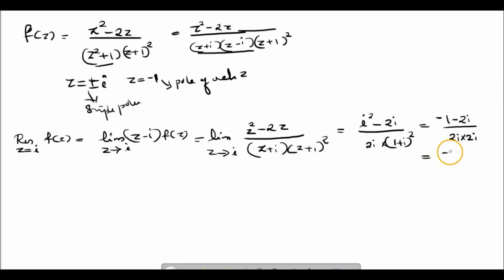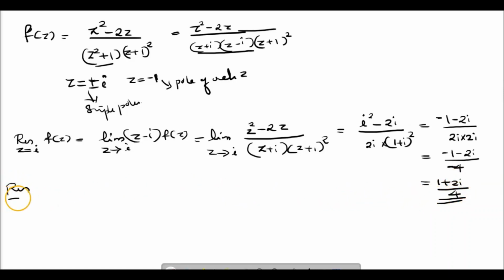So this is minus 1 minus 2i divided by 4 into i square, which is minus 1. So minus 1 cancels with the numerator, and 1 plus 2i divided by 4 is the answer.